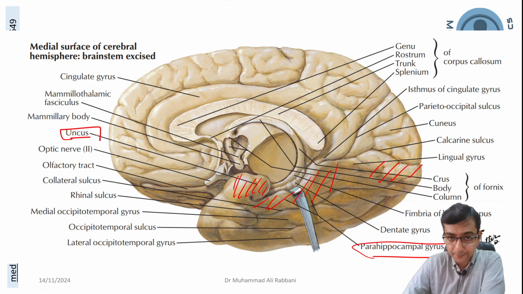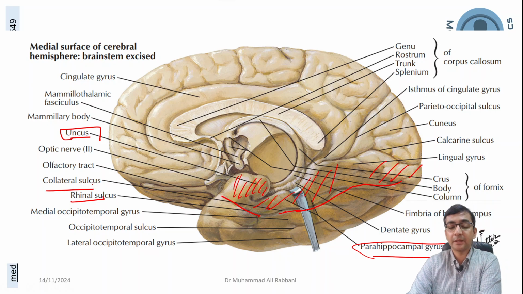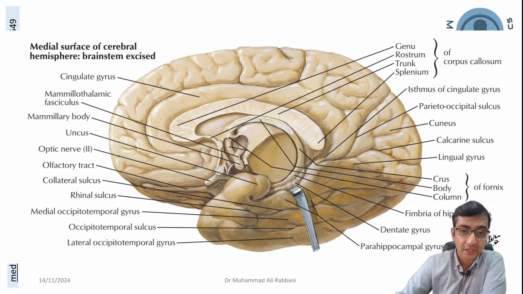That is bounded on the lateral aspect by this sulcus, that is posteriorly called the collateral sulcus, and anteriorly it changes its name to rhinal sulcus, because the rhinal sulcus has variable terminations.